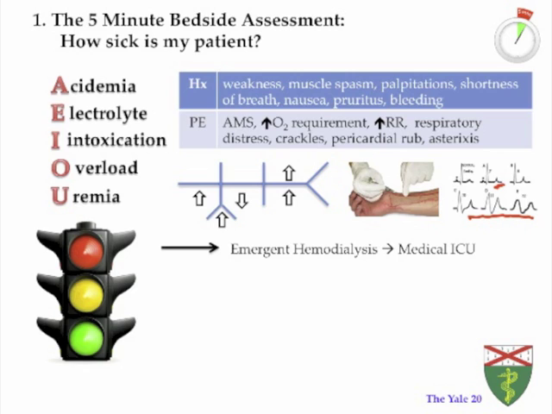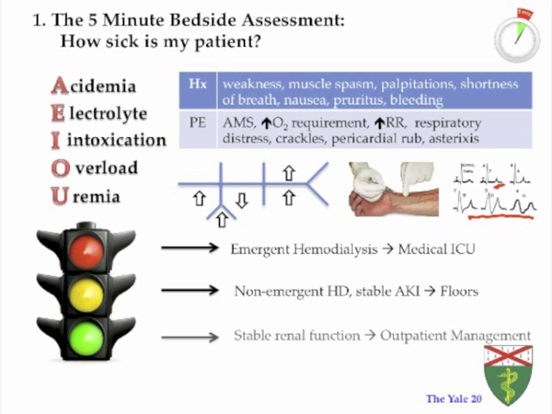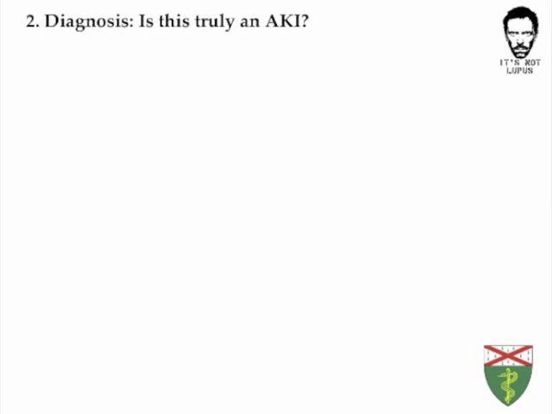If the patient does meet some of those criteria for emergent hemodialysis, they'll probably be headed to the medical intensive care unit. Should none of these numbers be particularly troubling, the next step is to take a closer look at our patient to see whether or not they should be on the floors or even stable enough for outpatient treatment.